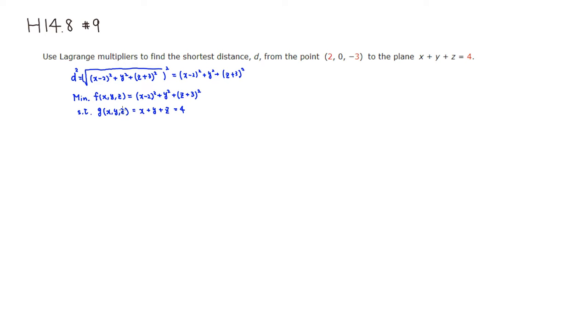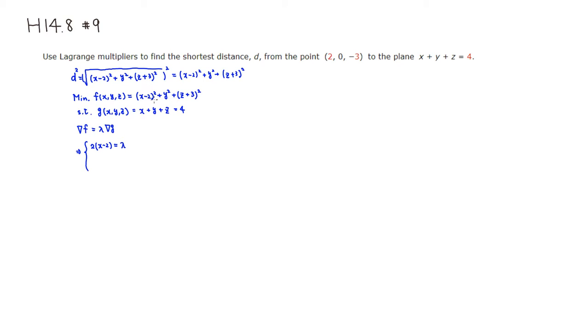We want to set the gradient of f equal to lambda times the gradient of g. The partial of f with respect to x is 2 times (x minus 2), equal to the partial of g with respect to x, which is 1, so 1 times lambda, just lambda.